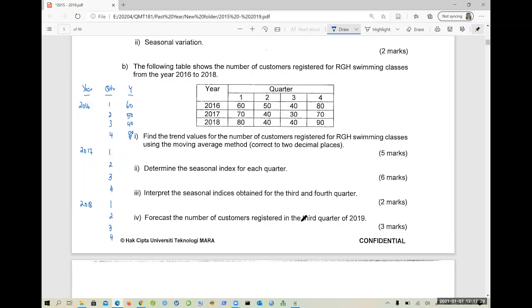Okay, let me show you how to solve this using the Excel. Okay, I will do it in Excel. So let's see how we solve it, right? So let me open my Excel first.